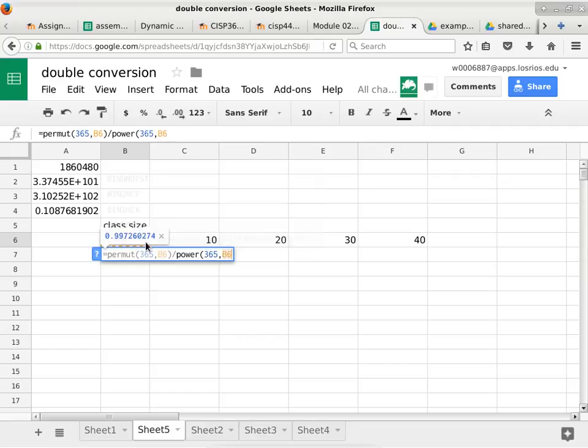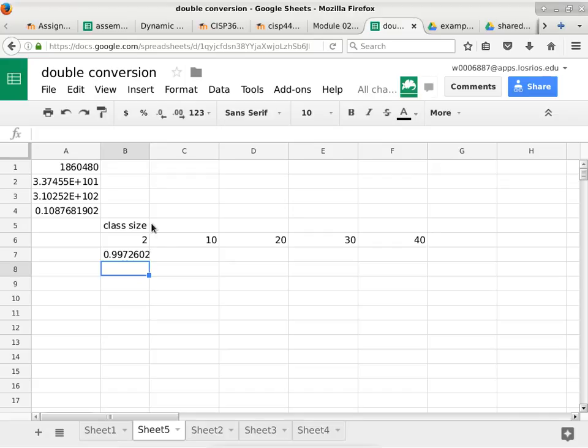Is that making any sense? Yeah. So when you have a class size of only 2 people, the chance of having unique birthdays is almost 1. In other words, there's a pretty slim chance that 2 people have exactly the same birthday when you only have 2 people. Kind of makes sense, right?